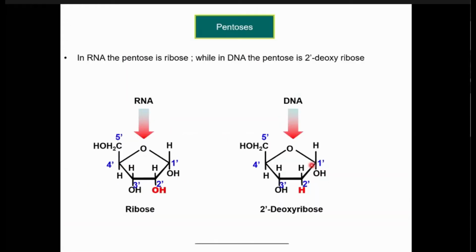So we've seen now the pentoses. You have two, you have the ribose in the RNA and deoxyribose in the DNA. If they ask you which of the following belongs to the RNA, ribose or deoxy, you will say this is the ribose. And you need to know that the ribose has OH at 2' and deoxy has only H at 2'.